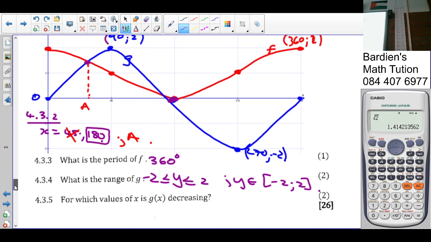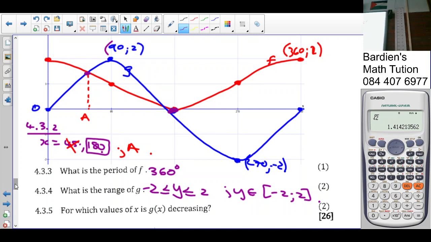Okay. Then the last question it says, let's change our color again, we haven't used green. We say here, for which values of x is g of x decreasing? So g is this graph in blue, not so? Is this graph increasing or decreasing here? It's increasing. As x increases, the value of g increases. You want to know where it's decreasing. This part here is decreasing.